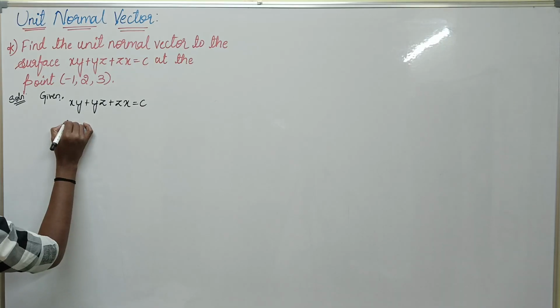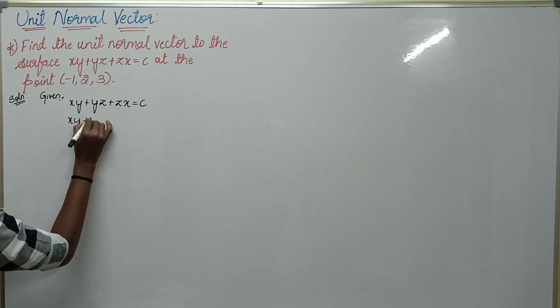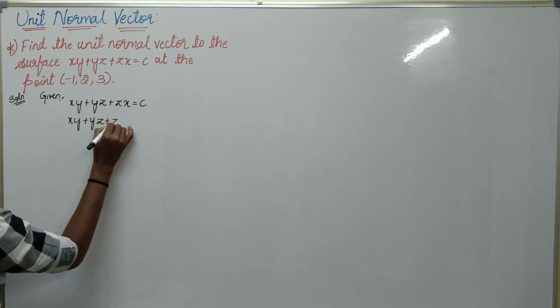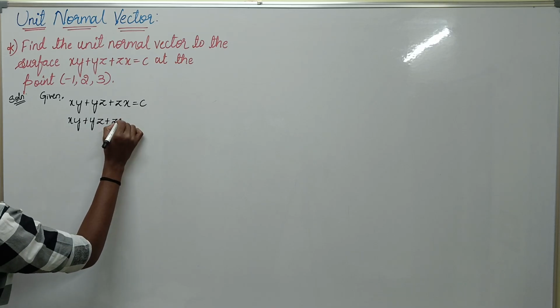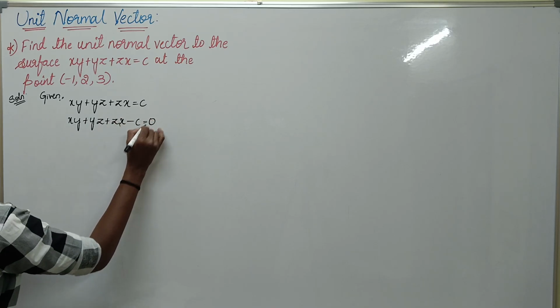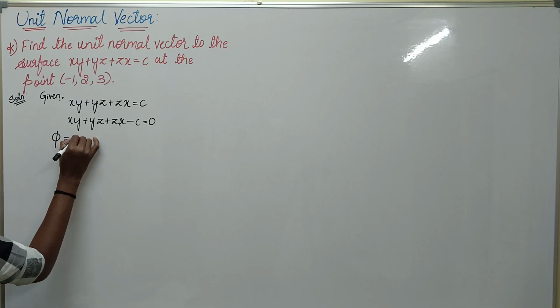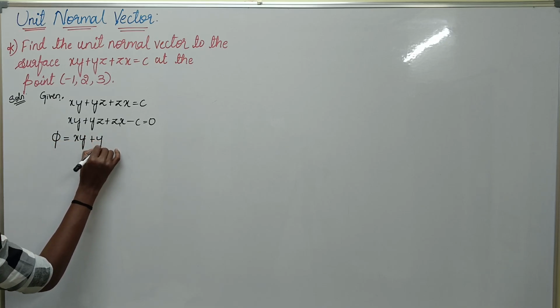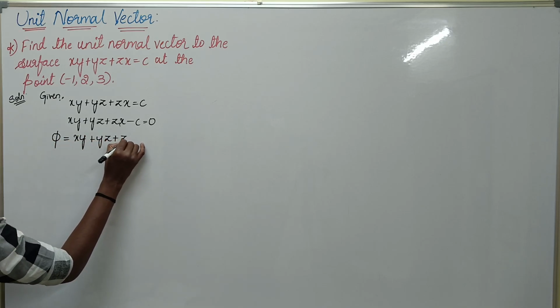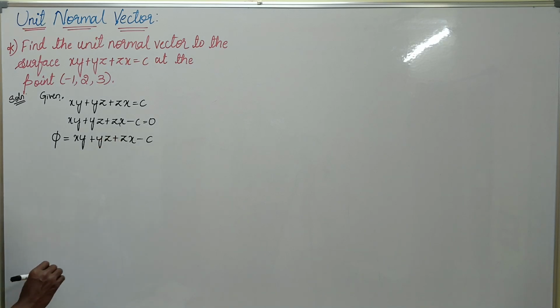So xy plus yz plus zx minus c equal to 0. Now we can represent this as the scalar function phi, that is xy plus yz plus zx minus c. This is the given function.